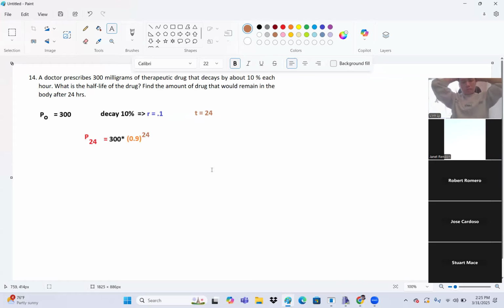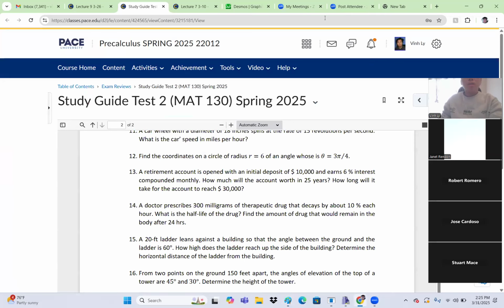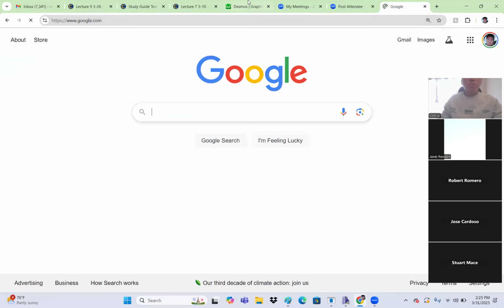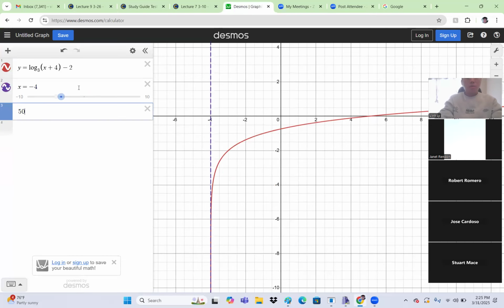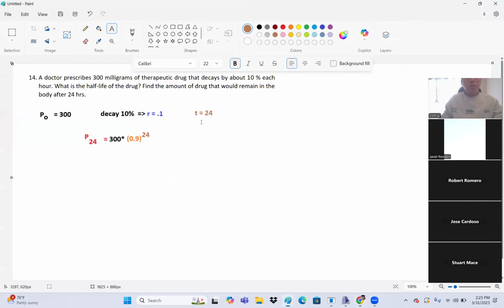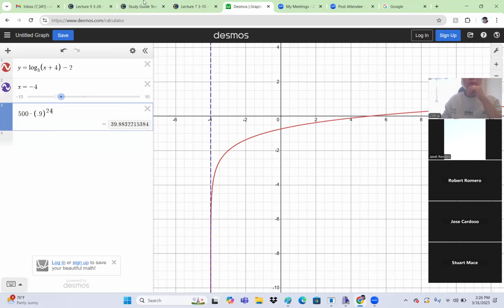Okay. So we're gonna do it on a calculator. Let's see how it goes. So we're gonna take 300 times 0.9 raised to the power 24. We got 39.8 grams. Are we good?